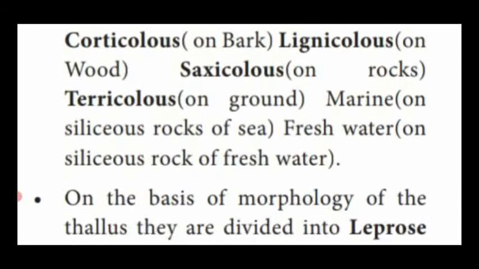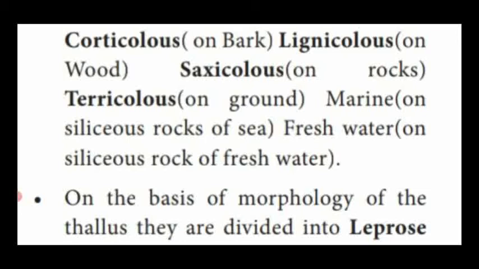Living on the ground is known as terricolous. Terra means ground. Terricolous. Some of them live on the marine rock of the sea. That means under the marine water we can see the rocky region which is made up of silica. Those rocks are named as siliceous rock of sea.